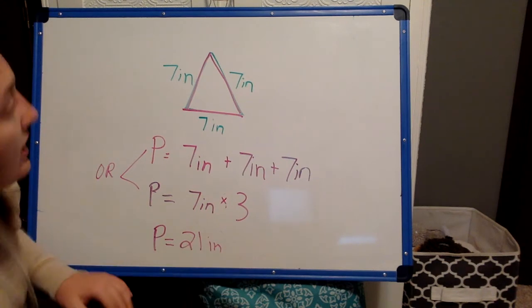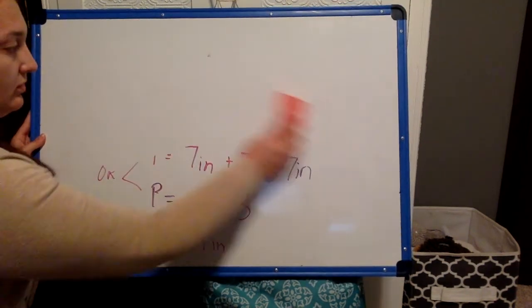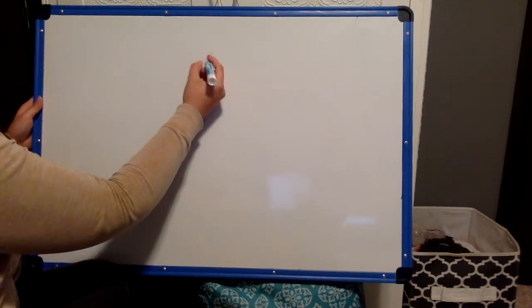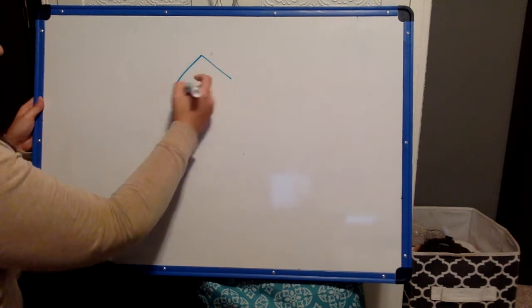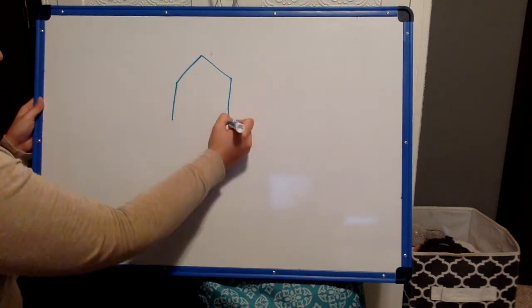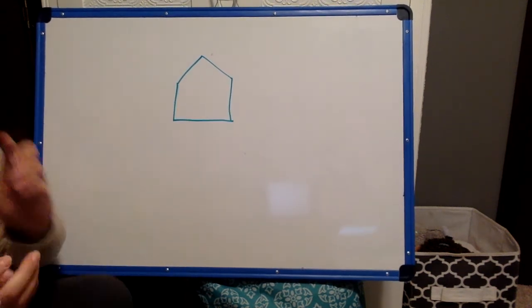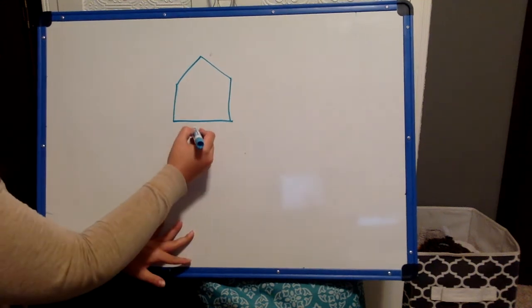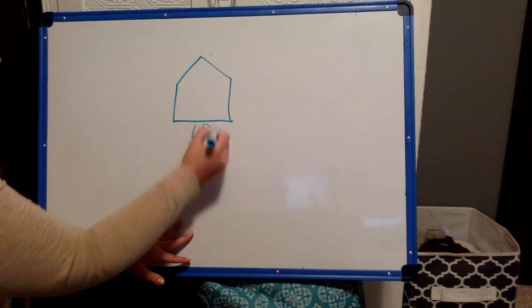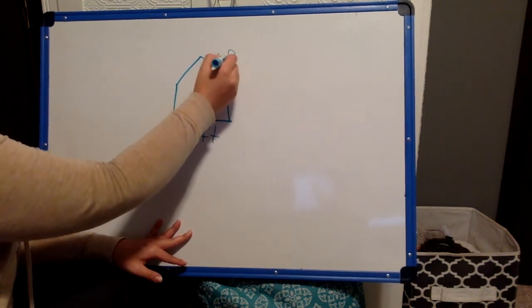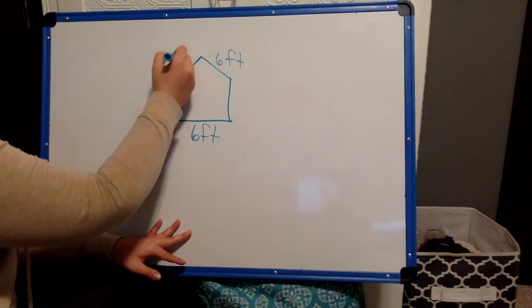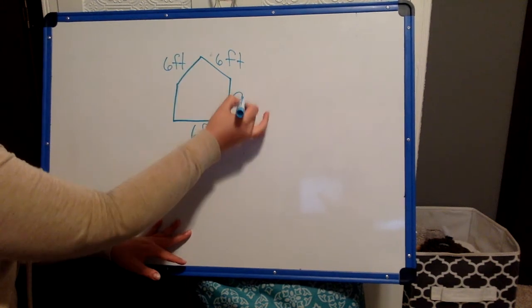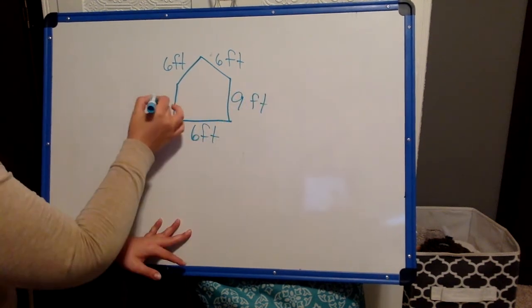Let me show you this with another example. Here we're going to have a pentagon. A pentagon has 5 sides. My pentagon has a 6-foot side, a 6-foot side, a 6-foot side, a 9-foot side, a 9-foot side.